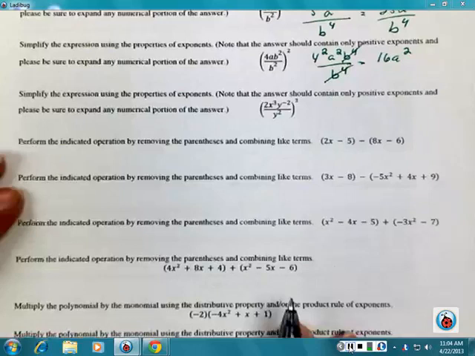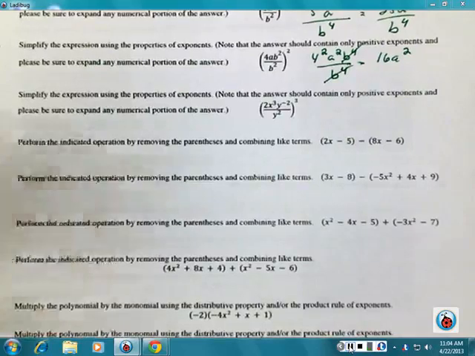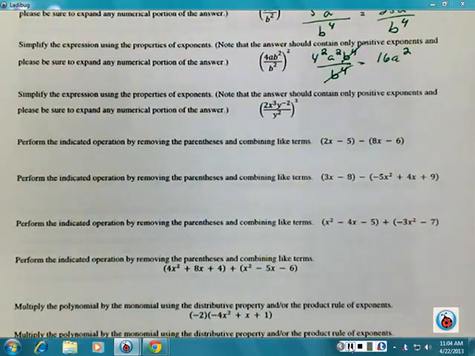And number 56. What has to happen to 56? You gotta flip it. Flip it? Yeah, don't you flip it? So first, why do the negative 2 to the bottom? Make it positive.